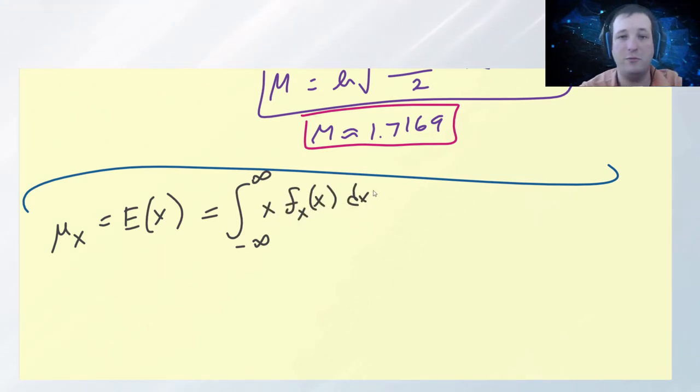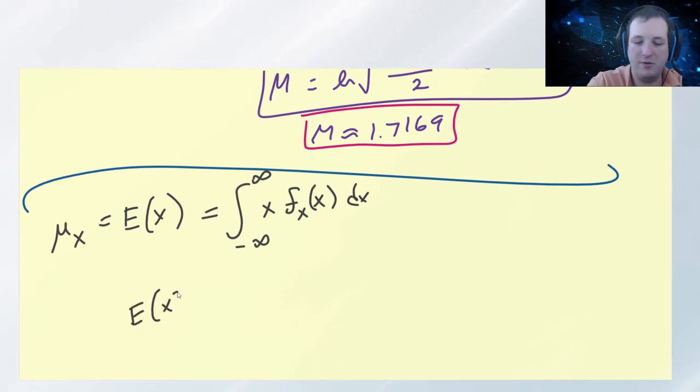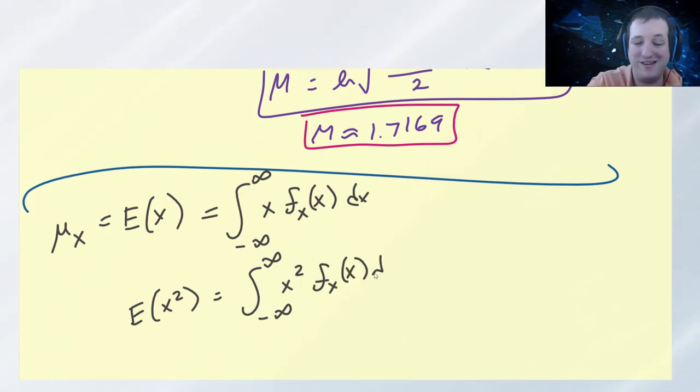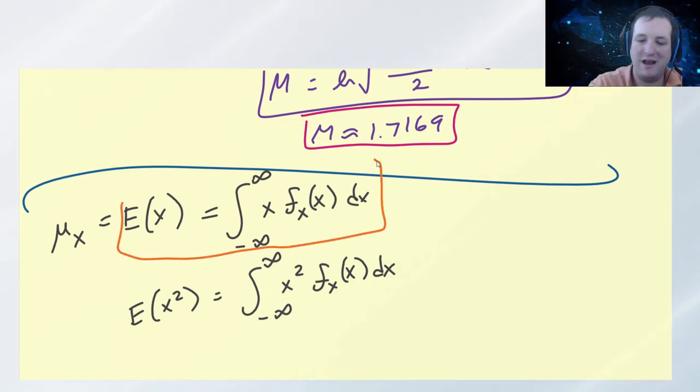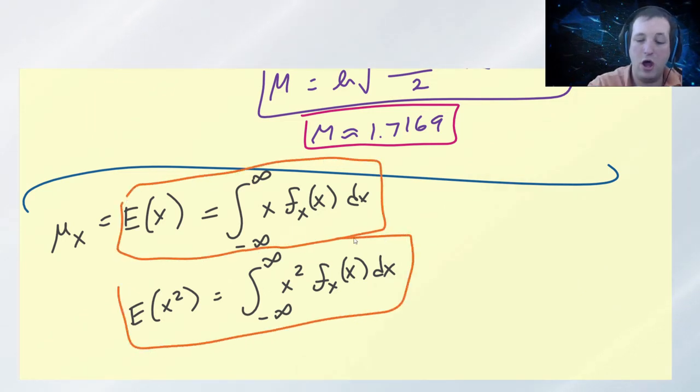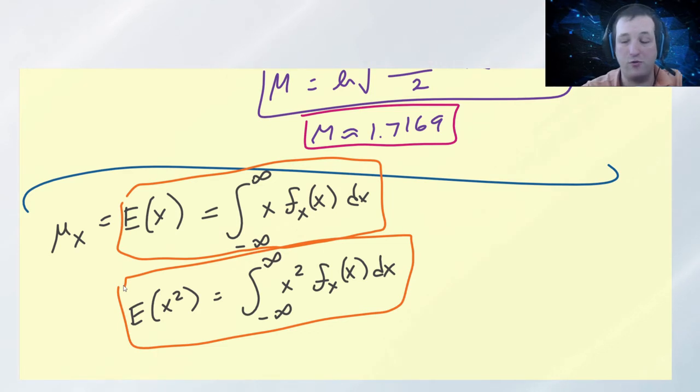It's very similar to our discrete case where we sum x p(x). Now we're integrating x f(x). Similarly, the second moment of a random variable is equal to the integral from minus infinity to infinity of x squared times our probability density function. These are the only two basic definitions you need to know. Of course, you could do the third or fourth moment or whatever you want.